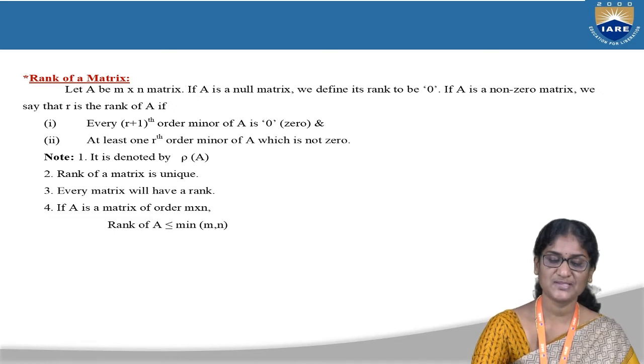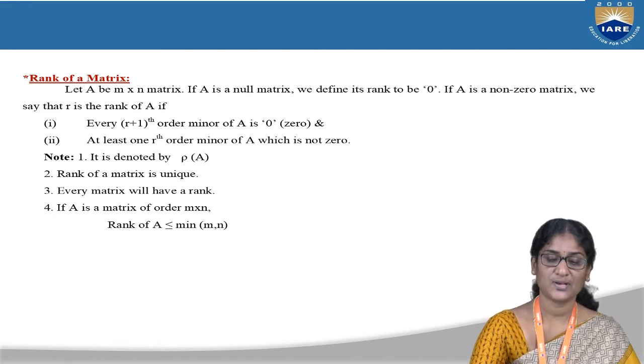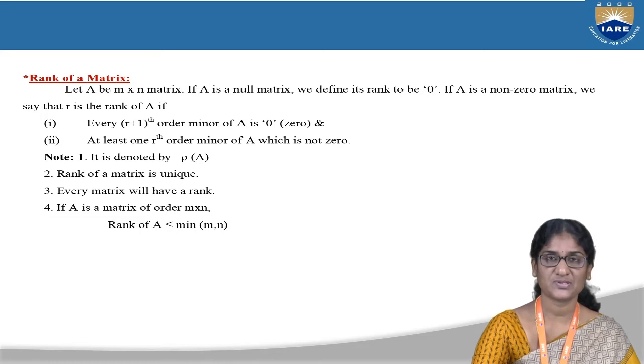The first property: every (r plus 1)th order minor of A is 0, and at least one rth order minor of A is not equal to 0. The rth order minor is not equal to 0. Suppose that for any matrix, if 2 is the order, that means 2 plus 1, the third order determinant; minor means nothing but the determinant of the given matrix.